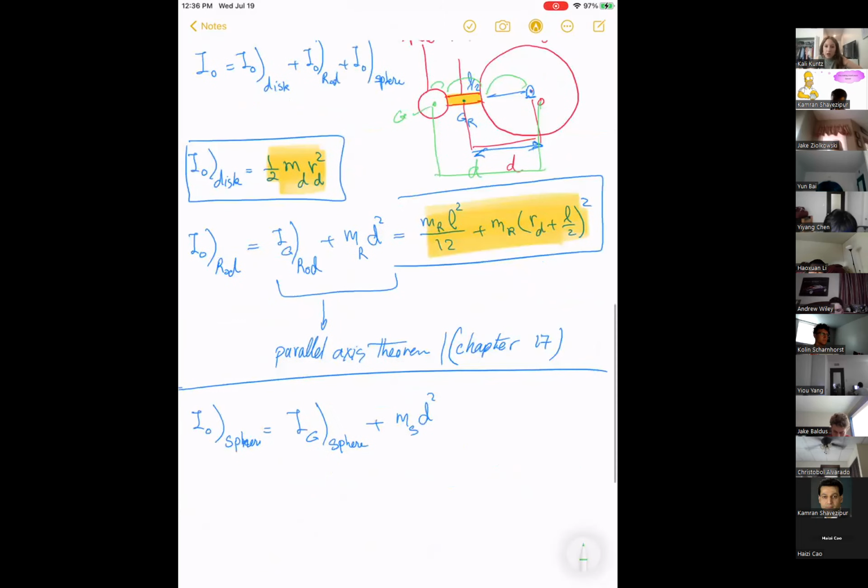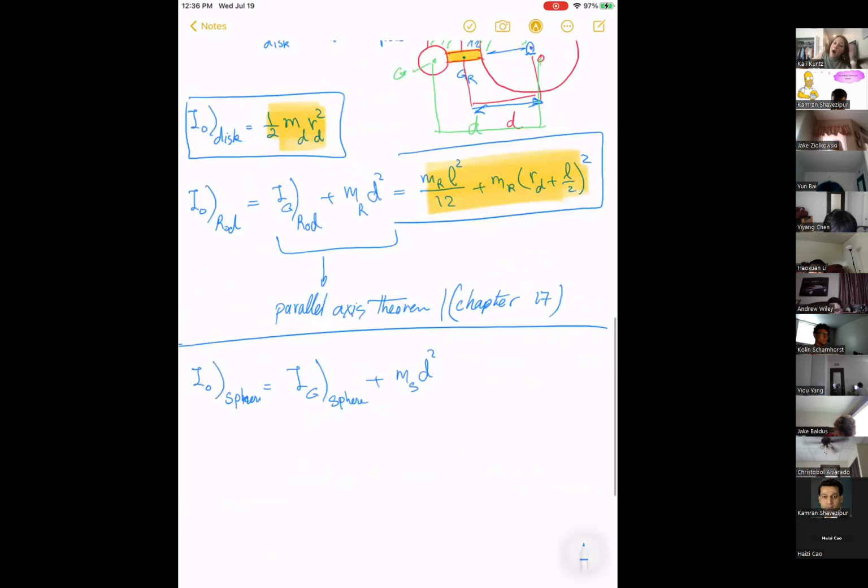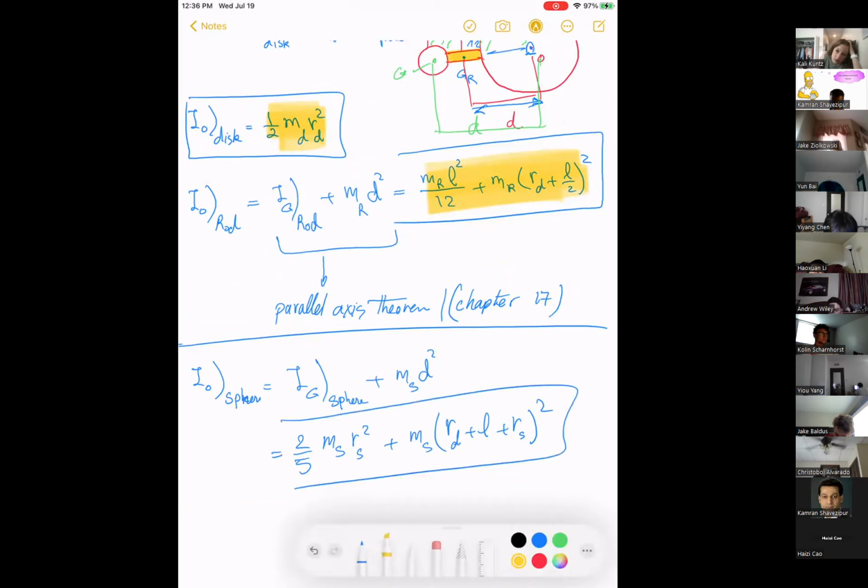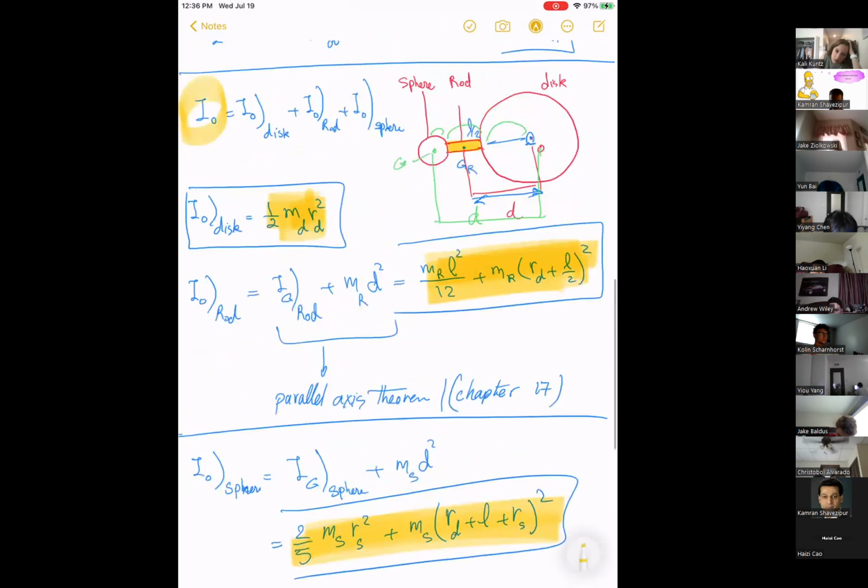If you go to the back of the textbook, I about its center is 2/5 M R squared, plus M sphere times R disk plus L plus R sphere all squared. Okay. And this is the last part. So this guy plus this guy plus this guy is going to give you your final IO.